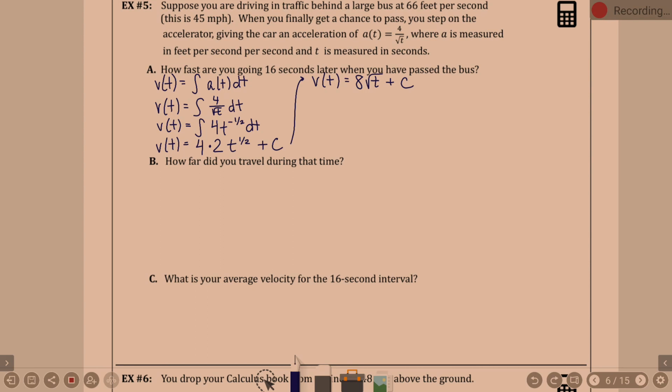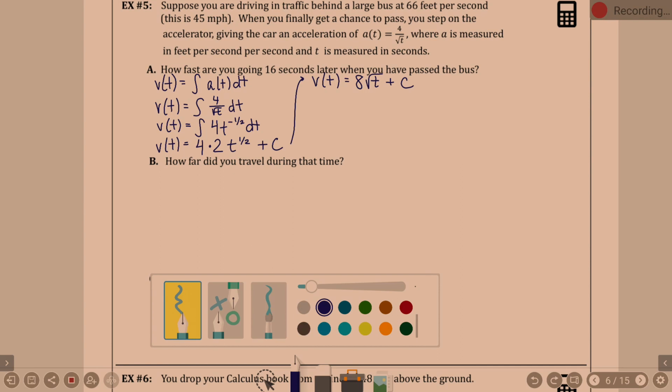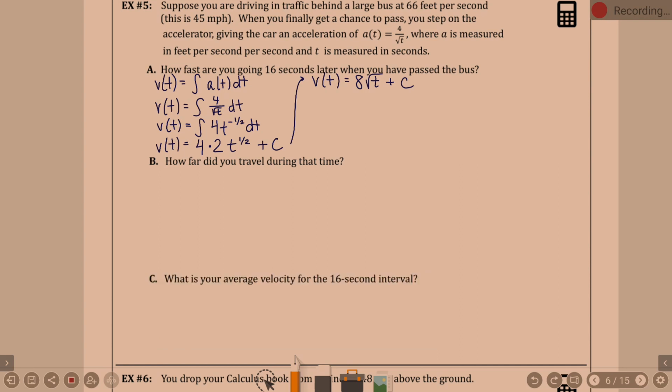Well, that's C, 45? No, 66. Yes, because that's the initial. That's your initial. Right here, 66 feet per second is your initial. And I was being nitpicky. Doug said 45 at first.